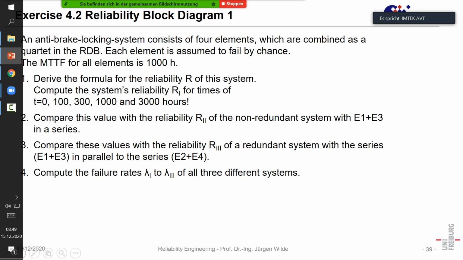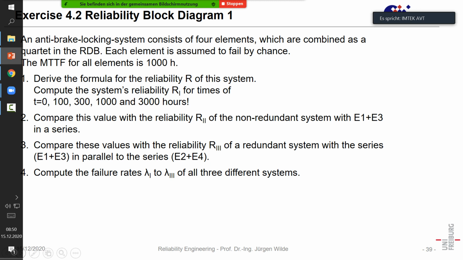Okay. Do you have an idea how to solve this? And first of all, what I would also like to see is, of course, the reliability of an individual element, and also compare this value with the reliability of the non-redundant system with E1 plus E3 in a series.